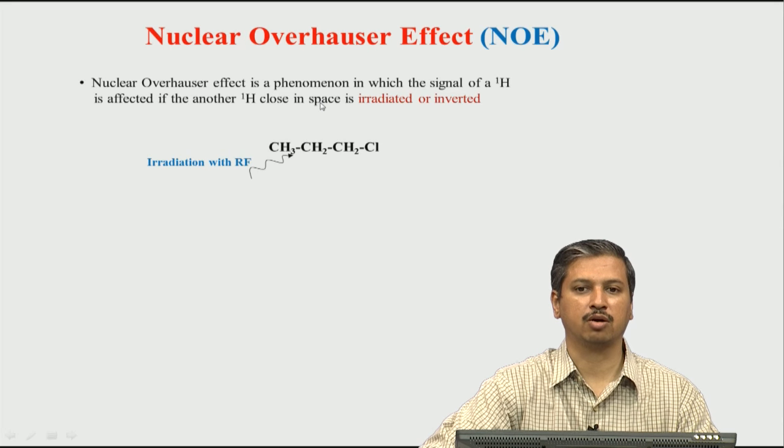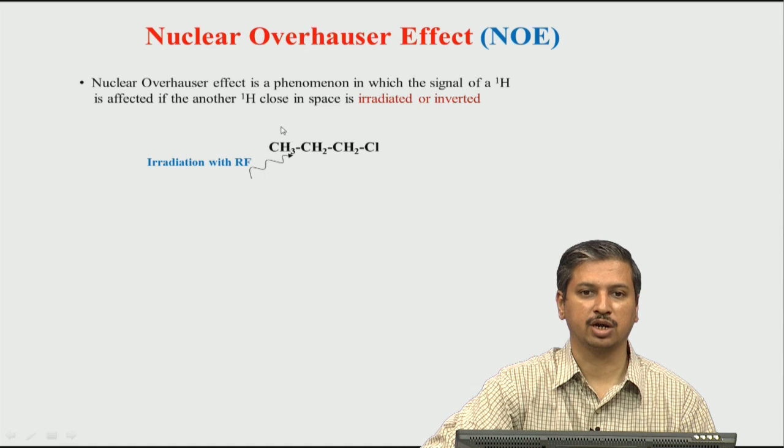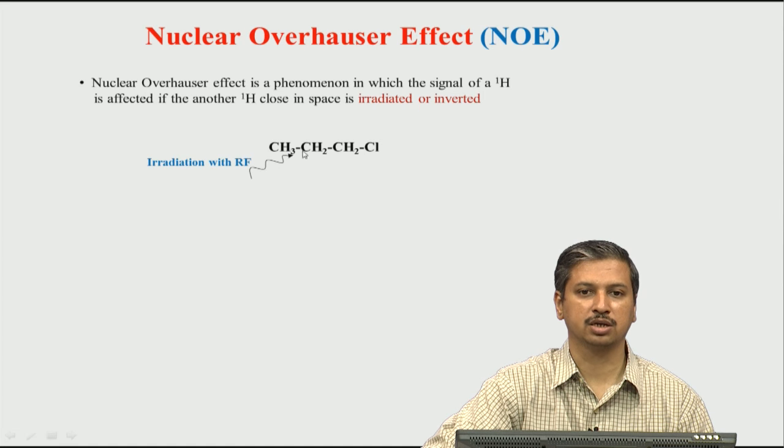Remember, till now in COSY, TOCSY and also in 1D NMR, we only looked at J coupling, which is an interaction between two neighboring hydrogens through 3 bonds or 2 bonds, because of the physical connection between them. But this is not the only way two hydrogens interact. They can also interact through space, not through a bond, because they are close in space, and that is called dipole-dipole interaction.